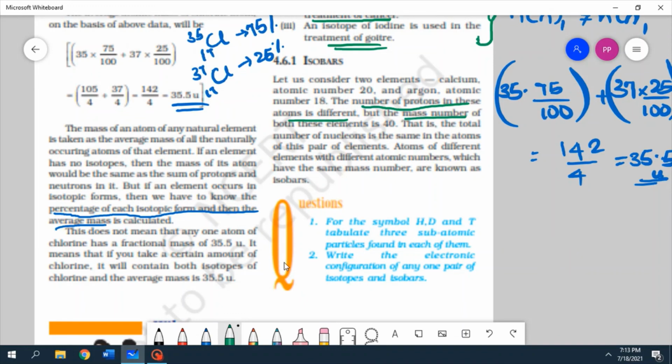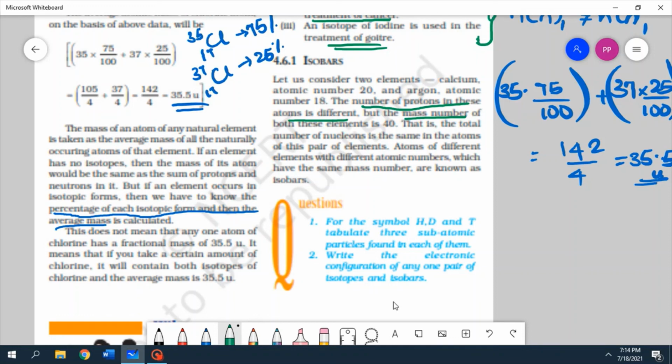So isobars are completely antagonistic to isotopes, because isotopes have elements that have the same atomic number but different mass numbers, but isobars are elements which have different atomic numbers but the same mass number. Alright, I want you to remember the statement: isotopes are elements which have the same atomic number but different mass numbers, but isobars are elements that have different atomic number and the same mass number.